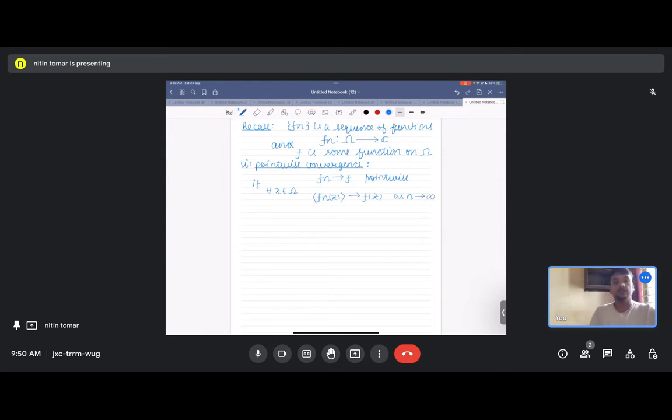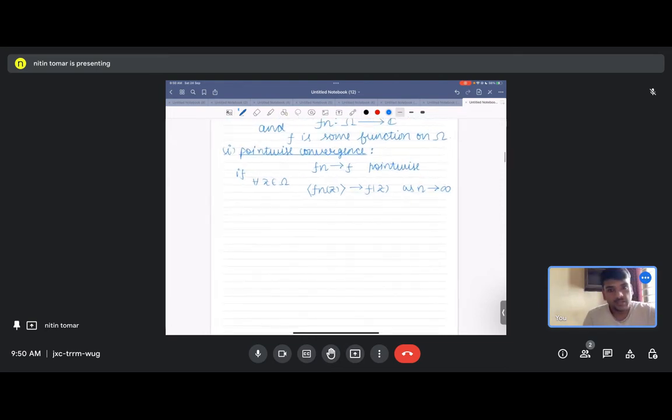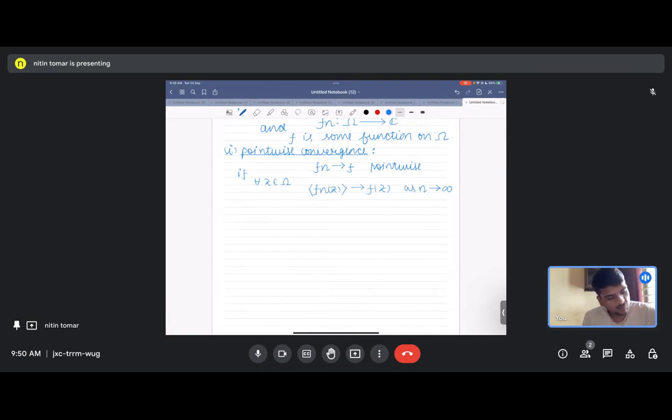Just remember that when you supply points to the sequence fn, for every z in omega you will have a sequence, and that sequence is a sequence of complex numbers.